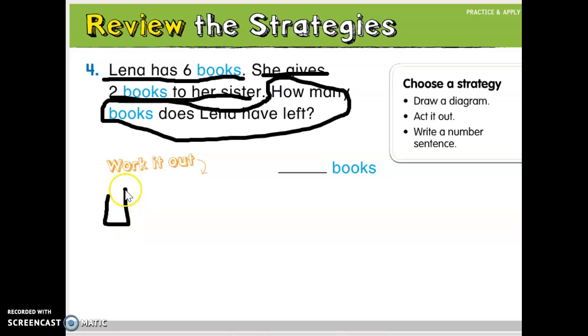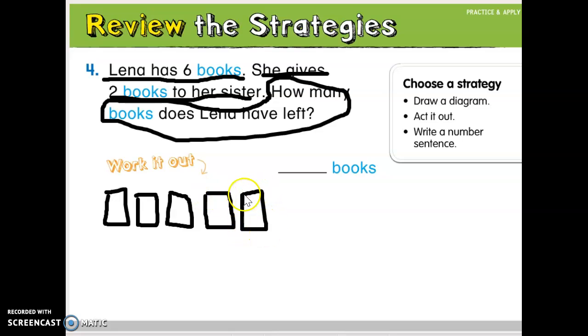I'm going to make boxes be my books. 1, 2, 3, 4, 5, and I'm going to make it like a 10 frame, 6. Now she gives 2 books to her sister, so I'm going to X off the 2 books that she gave. And I can see that I have 1, 2, 3, 4 left. So I can put 4 right here.